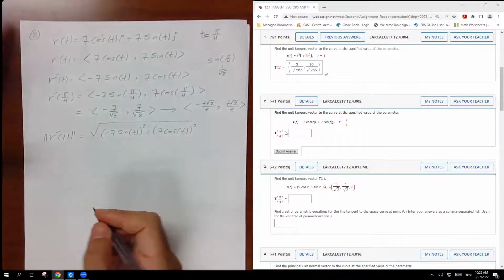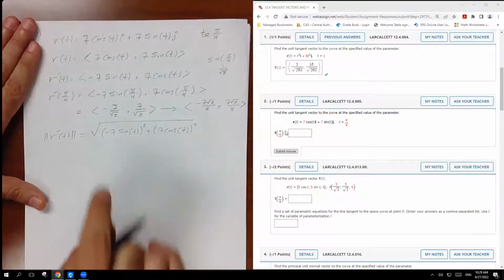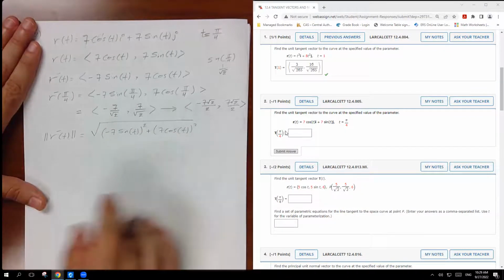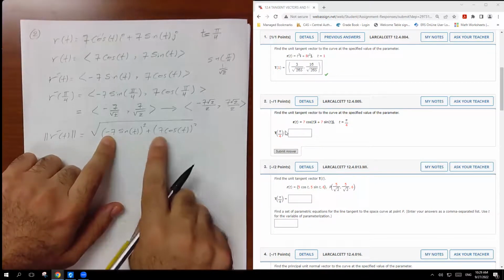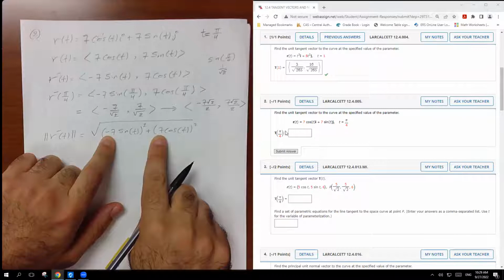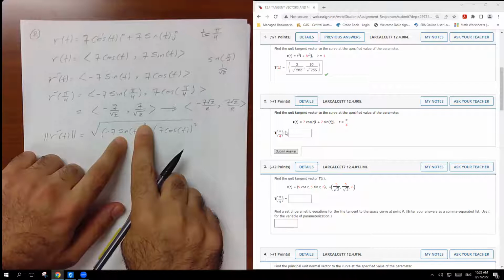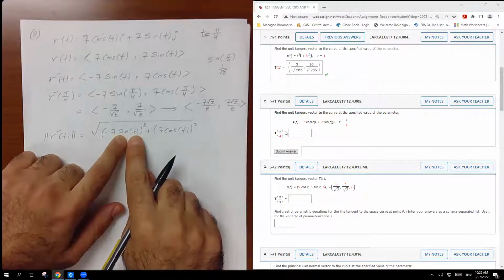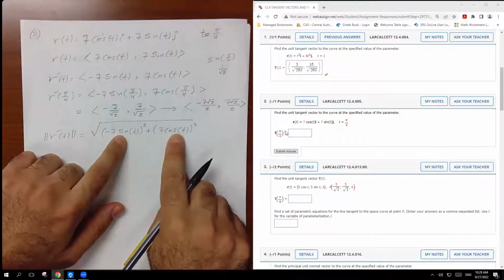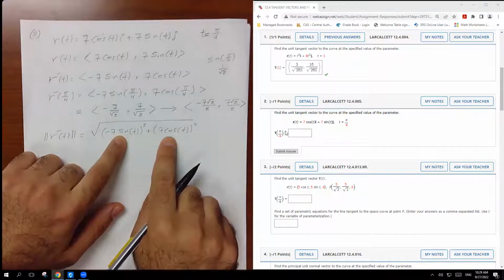So you can write it down like this and simplify it, or if you want to plug in the t right away, it's going to be fine. If you just want to simplify it, -7 and 7 squared is going to be 49. Sine squared, this one is going to be positive. So sine squared plus cosine squared is going to be 1. I'm just talking about this one without plugging in the t. The square root of 89.